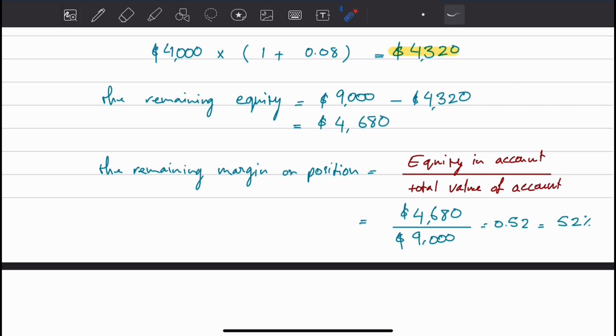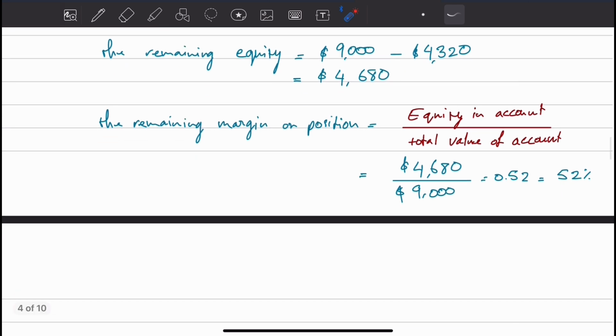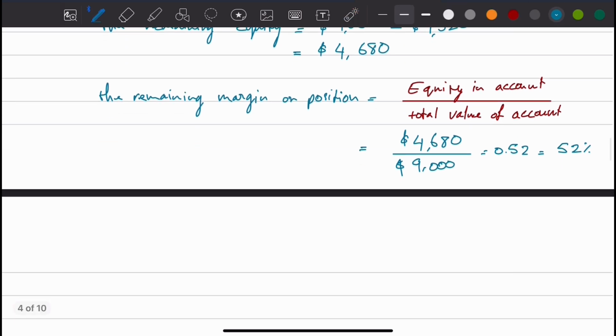And of course here 52 is greater than the 30%, right? So we could say the remaining margin of 52% is greater than the MMR of 30%.